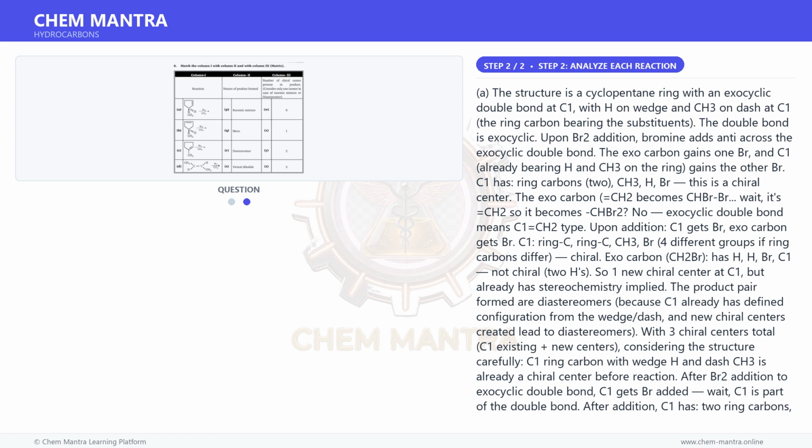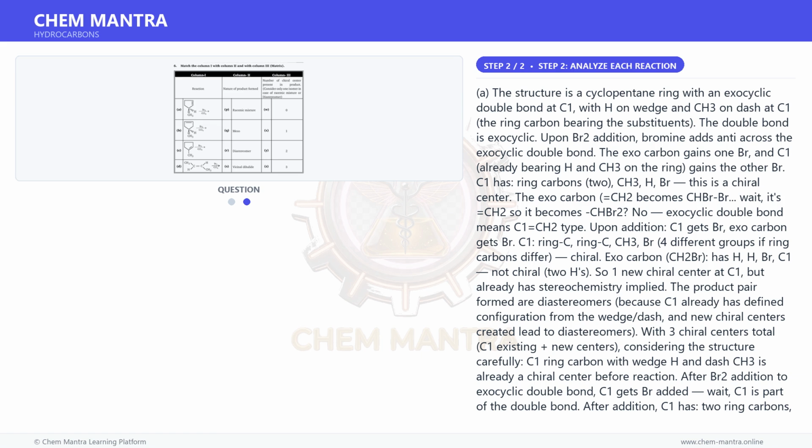Br2 anti-addition to the endocyclic double bond adds Br to C1 and C2 anti. C1: H, CH3, Br, C2, chiral. C2: H, H. If C2 has 2 H's then not chiral. Actually in cyclopentene, C1 and C2 are the double bond carbons. C1 has CH3, making it 1-methylcyclopentene type. Anti-addition gives trans 1,2-dibromide.